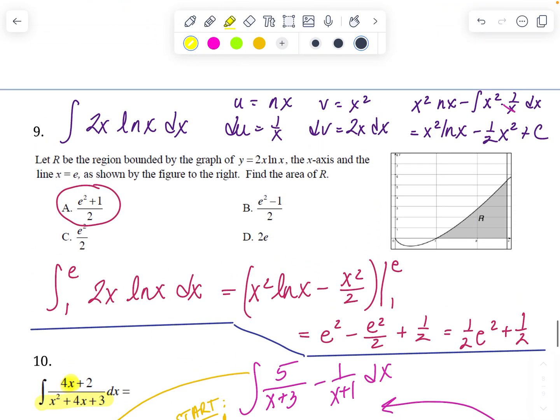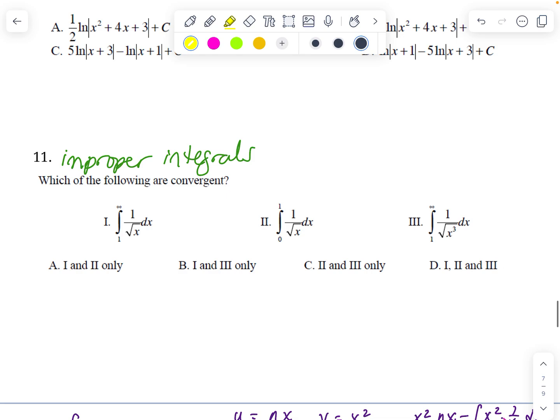Number 11, improper integrals, okay, which are the skills that we need for doing the integral test eventually, among other things, okay? So here we want to think about what makes each of them improper. 1 and 3 are very clearly improper. 2 is the more obscured kind of improper, but that's improper because the domain of the integrand doesn't include 0.